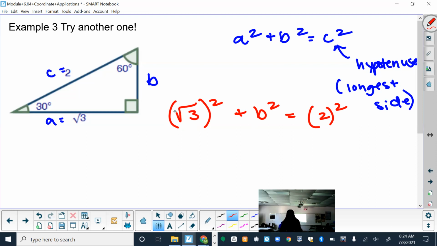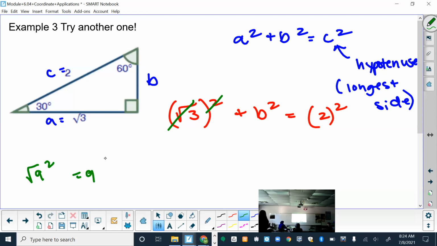But what happens when I have a square root symbol and a to the power of 2 at the same time? Good, these cancel each other out. If I had the square root of 9, for example, and then I squared it at the end, I would just end up with 9.